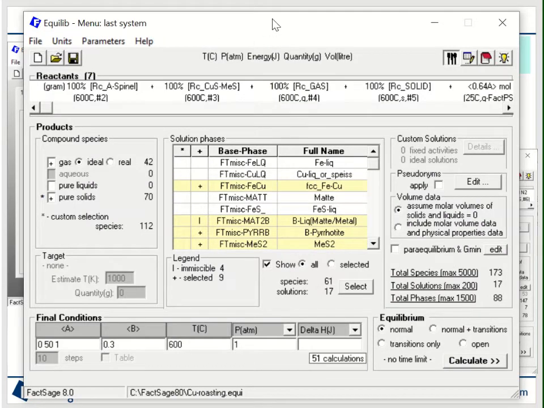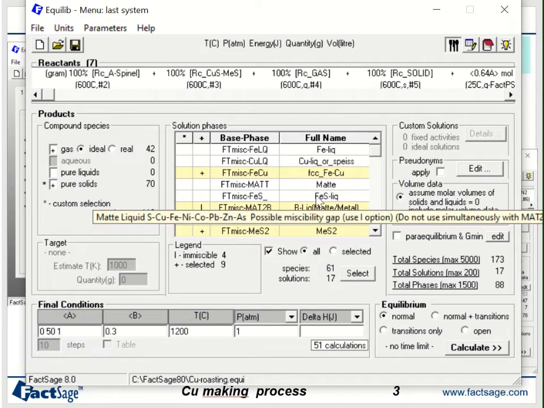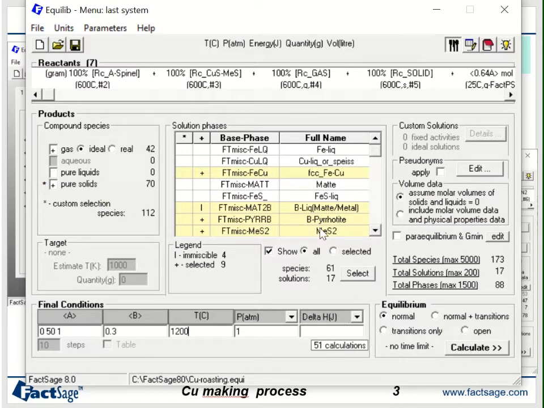Now this is the phase selection. Because you didn't change that much of the elements, the phase selection is the same as before. But I don't like this phase selection because in this case we want to do the calculation at 1200 degrees Celsius, so it means I'm going to have liquid copper or matte probably. So the rest of the phases should be removed instead.